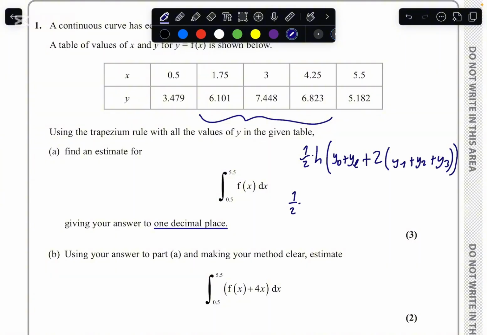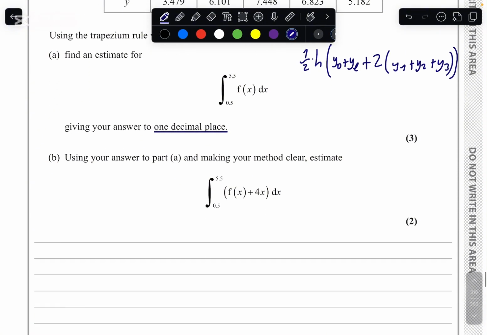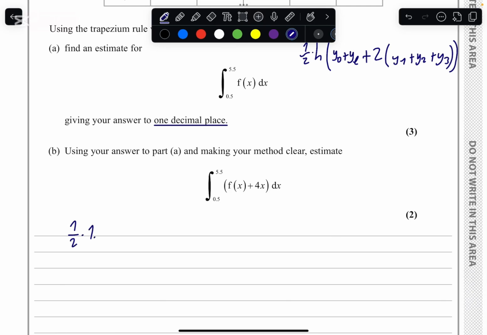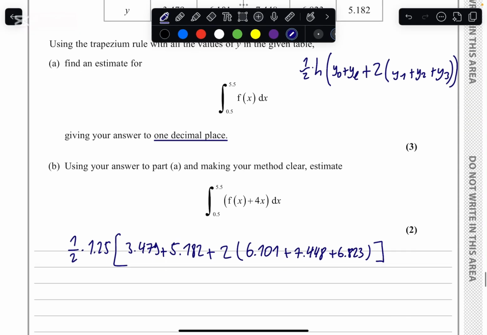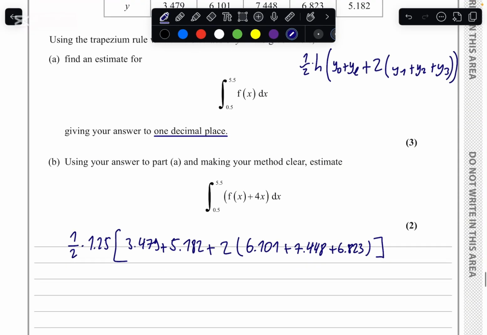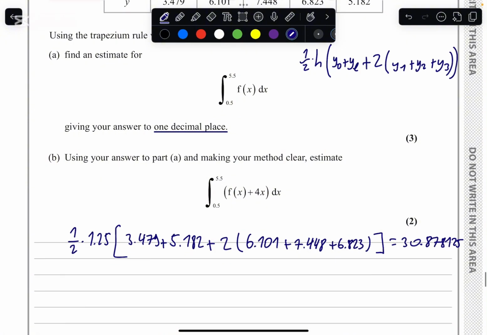So finding that, we know 1/2 times 1.25 times the first plus the last value, plus 2 times all the in-between values. And finding that, it gives us 30.878125, and to one decimal place that gives us 30.9.